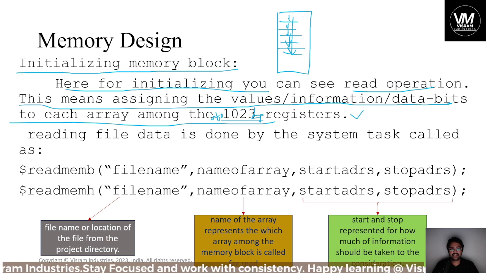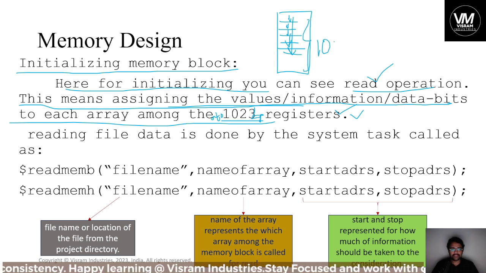That is called initialization. So here for initialization, you can see read operation. This means assigning the values or information or data bits to each array among the registers. If you have 1024, absolutely fine.